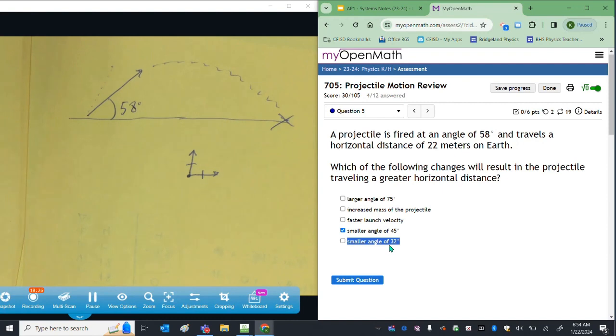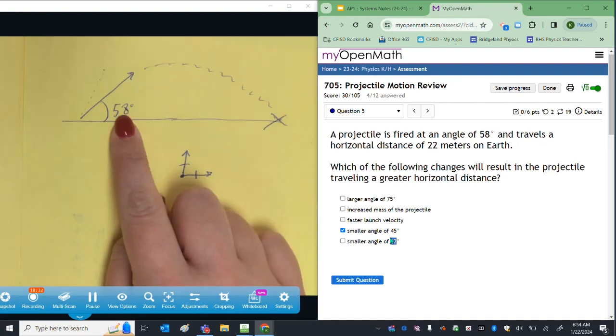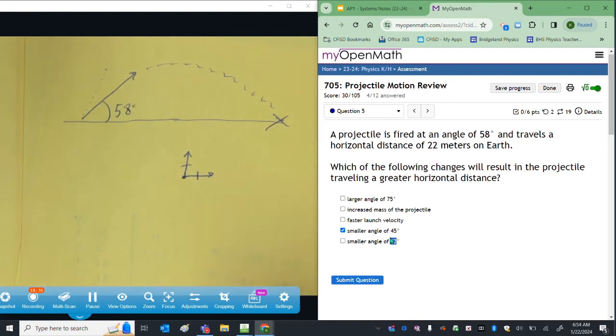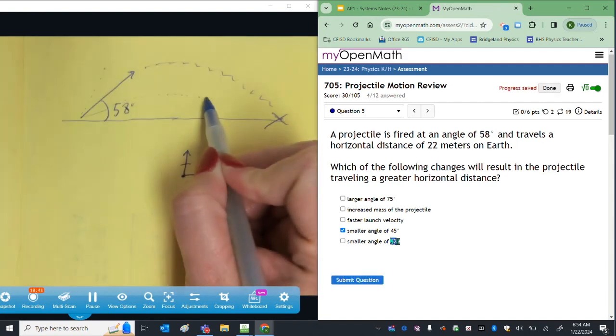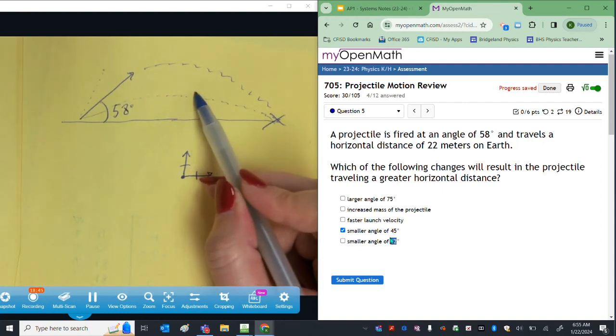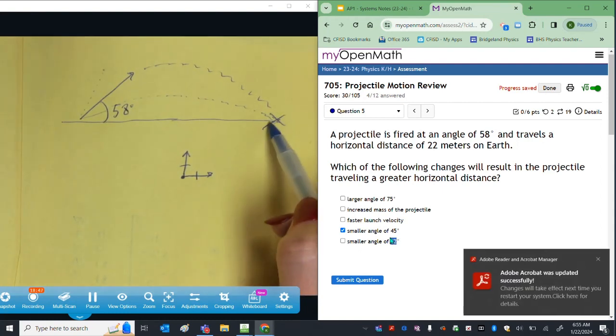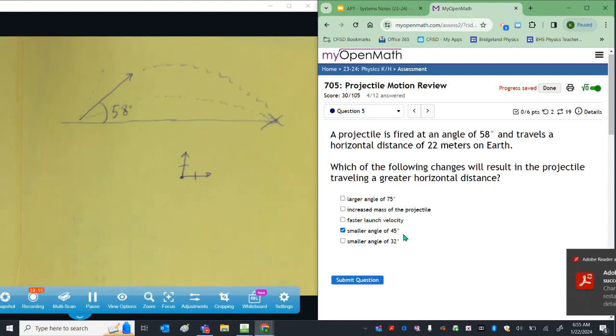So this 32 degrees will actually have the exact same range as the 58 degrees, because it's the same distance away from 45. It would be launching at a smaller angle like this, which of course is more horizontal, but because it doesn't get high enough in the air, it's not going to go any farther. It's going to land at the same point. So the only angle here that would give it a greater distance is 45 degrees.